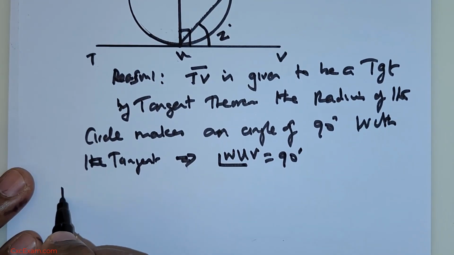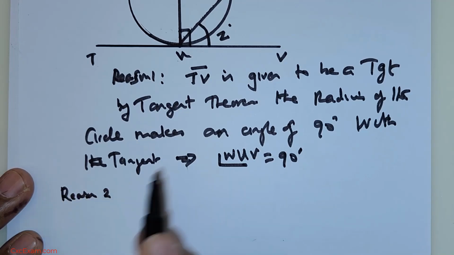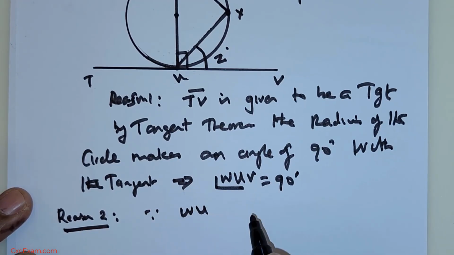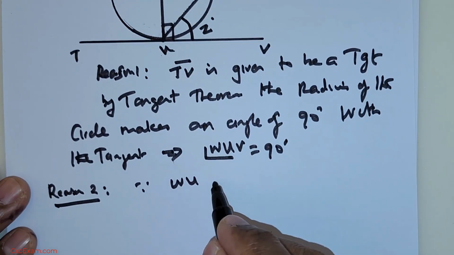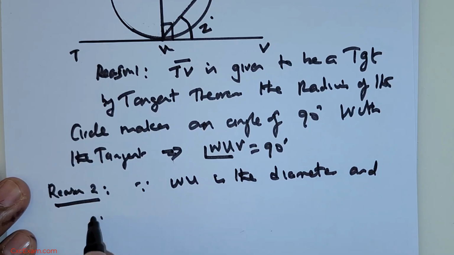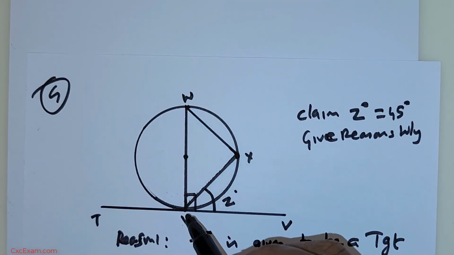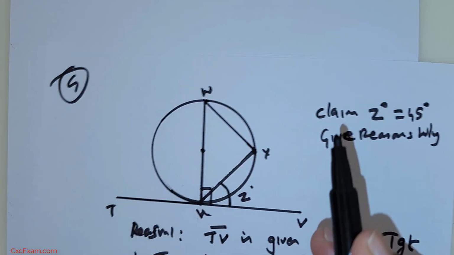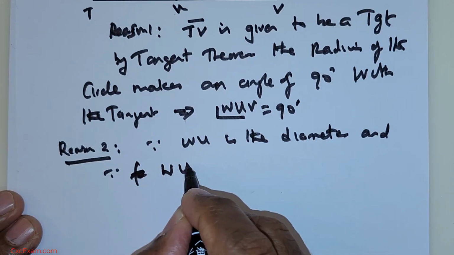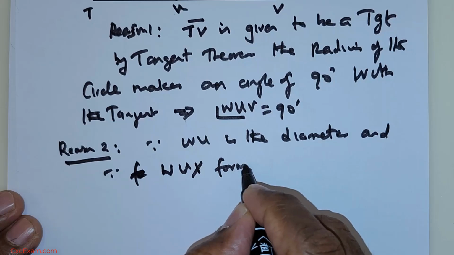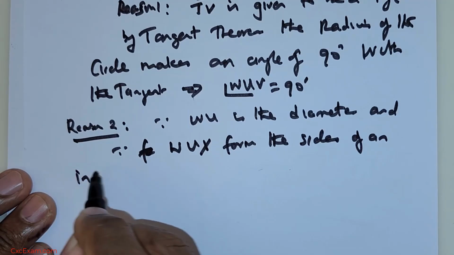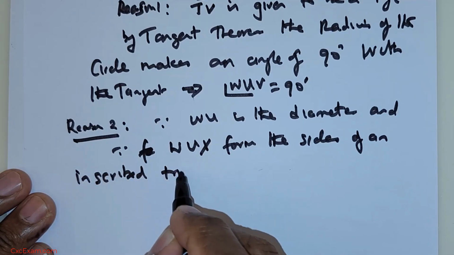Next, I'm going to state the second reason. Since WU is the diameter, and since WUX forms a triangle, WUX forms the sides of an inscribed triangle.